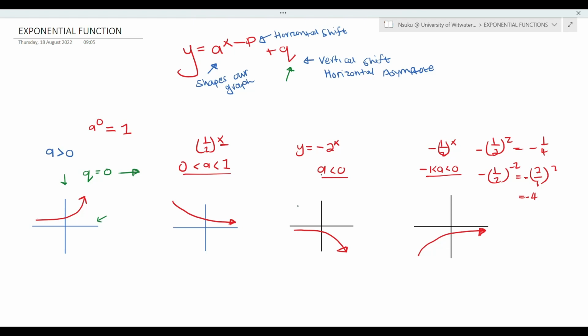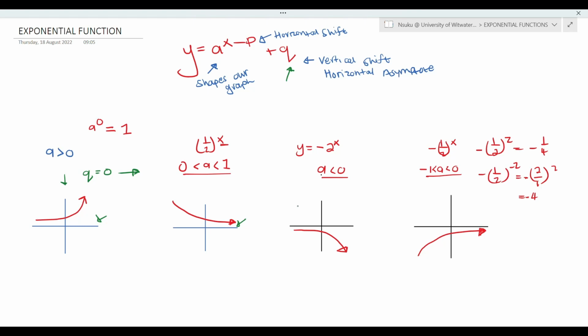It's because we assume that the value of q is 0, and when q is 0, our x-axis is our horizontal asymptote. So the graph will progress close to that x-axis, but it will never touch that point, right?